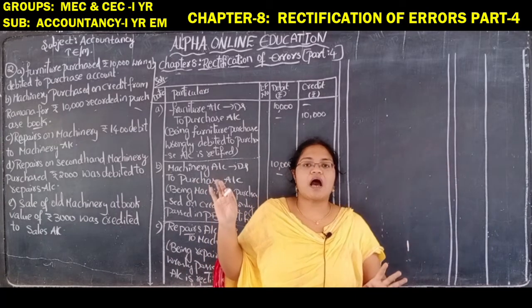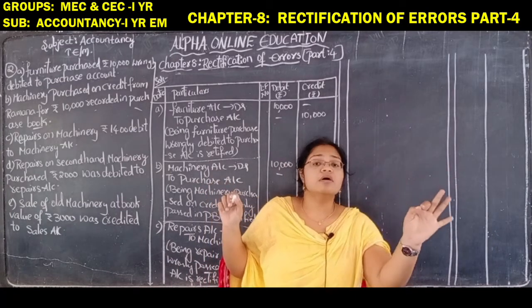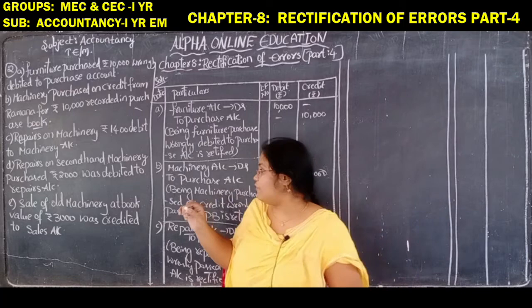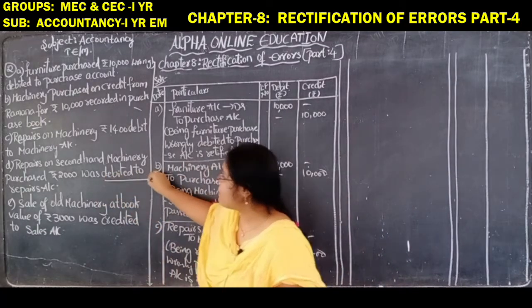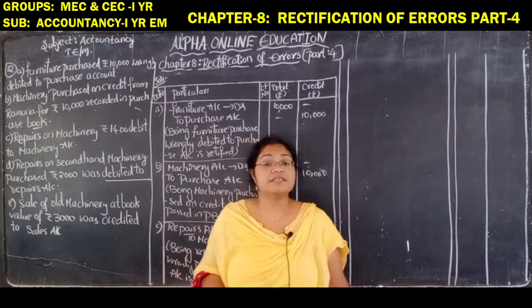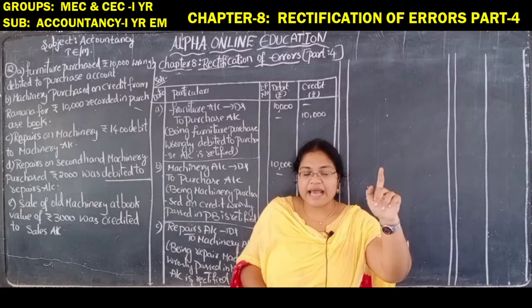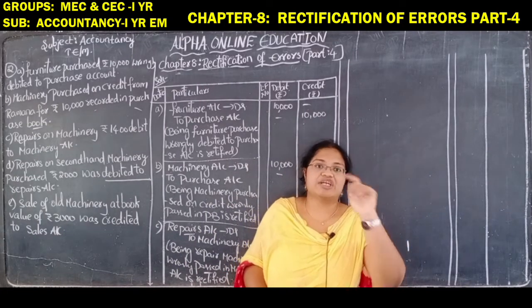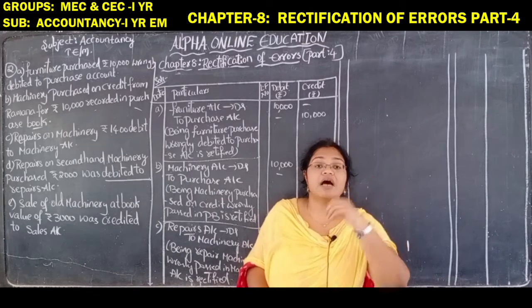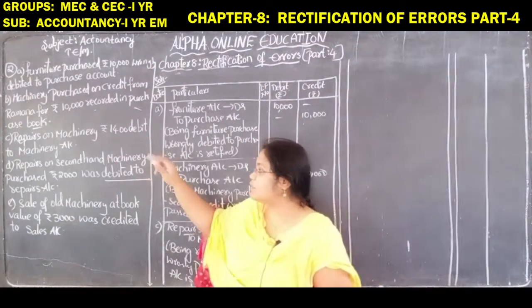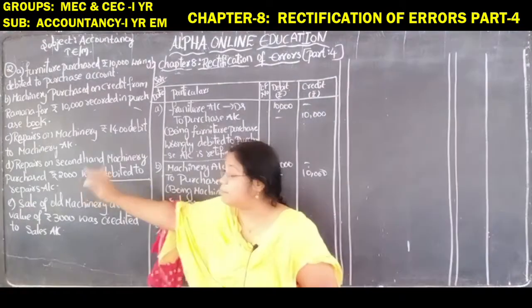Machinery account debit to cash account. This will be the entry, but they have debited the repairs account, which means they have written a wrong entry. Now we have to correct it by crediting the repairs account.